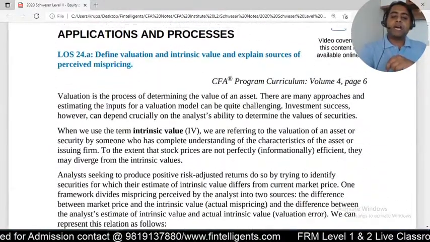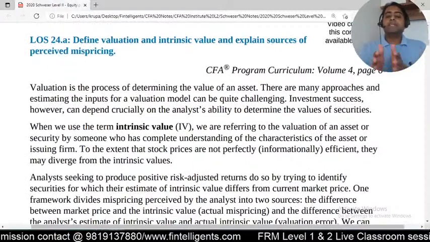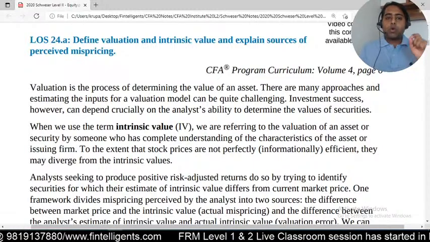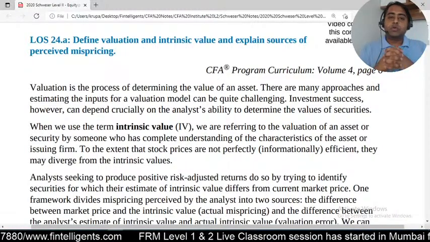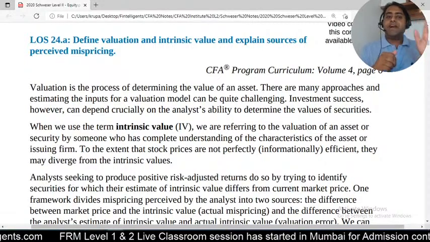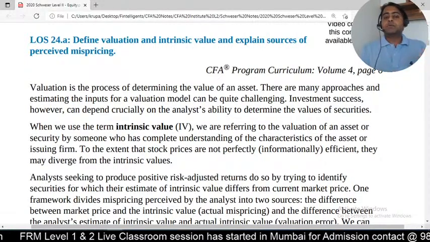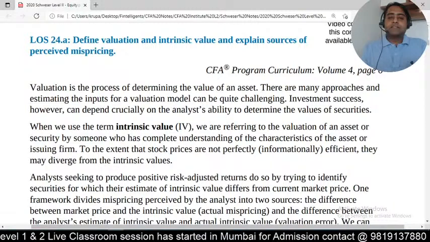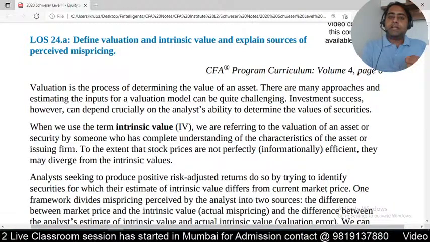So we first move towards learning objective 24.A, and over here we're going to be focusing on the core concept, the reason why we are doing this chapter: the intrinsic value. Suppose I want to identify the price of the equity. I should first be able to identify the factors which impact the price.